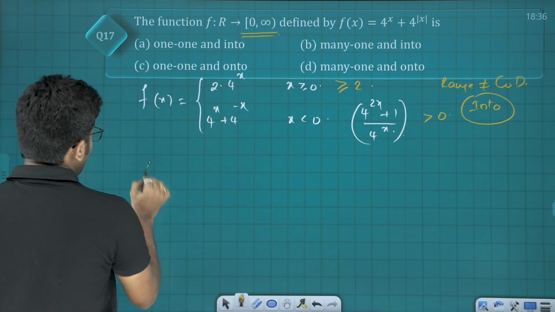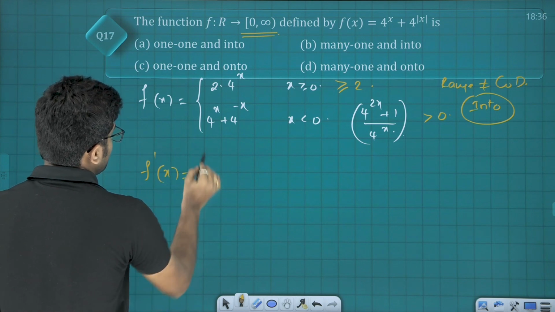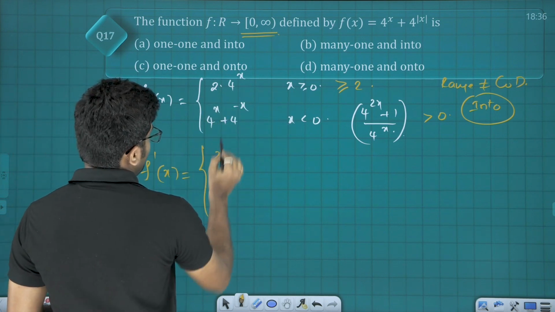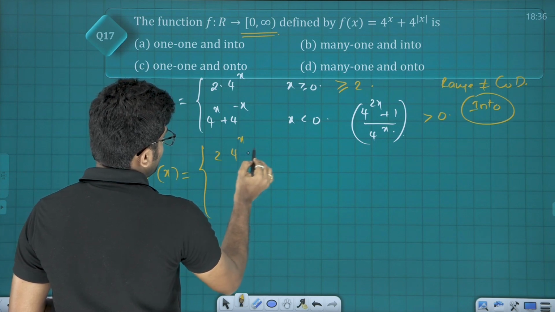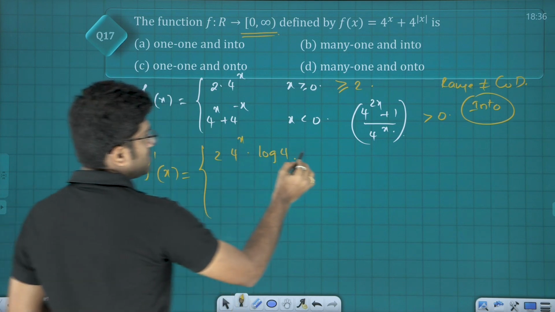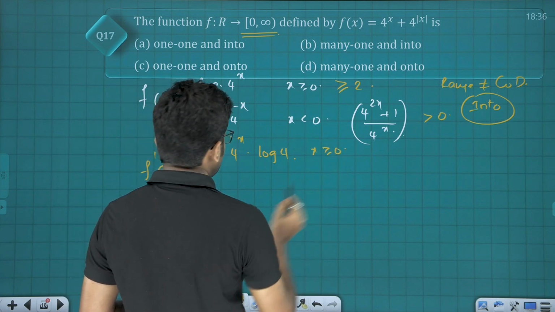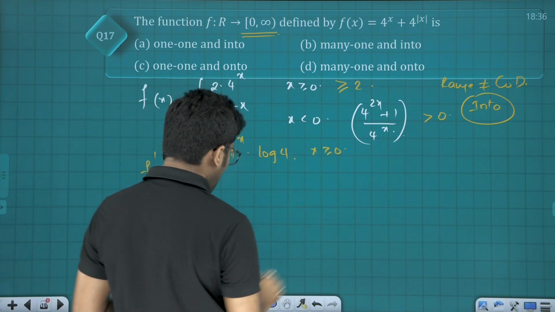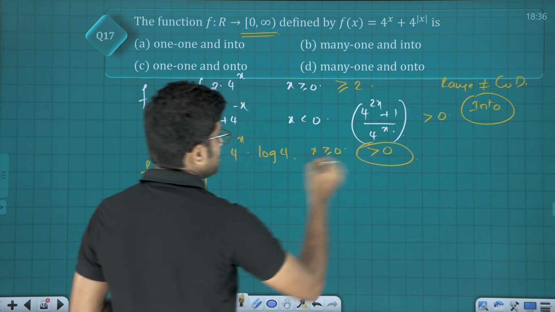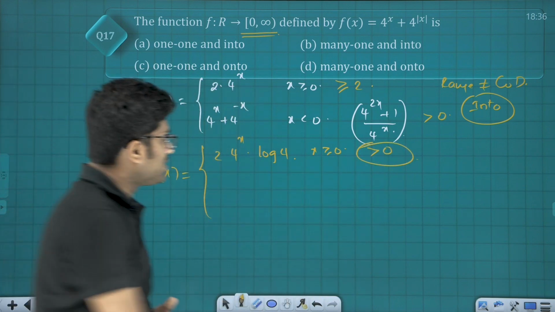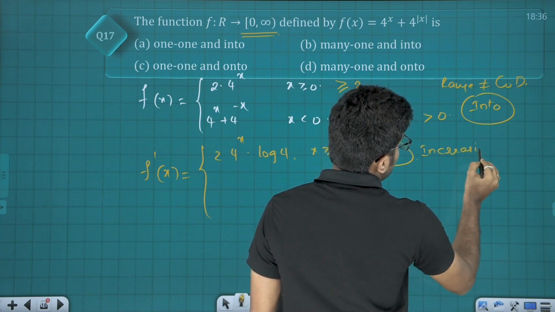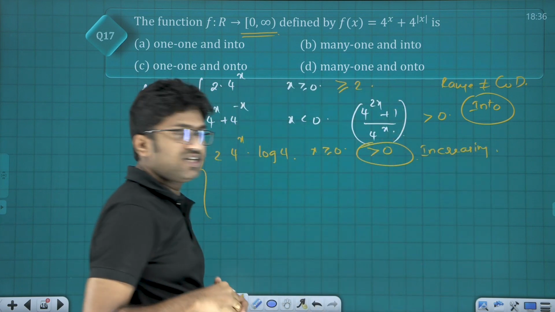For that, let's find f dash x. F dash x is equals to, in this case, 2 into 4 power x into log 4. Clearly, friends, for x greater than or equals to 0, f dash x will always be greater than 0 only. Greater than 0 for sure. So that means the function is increasing in this case.